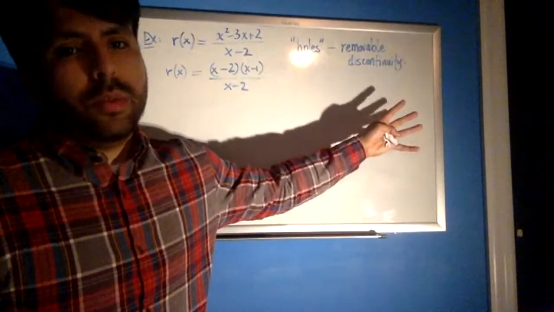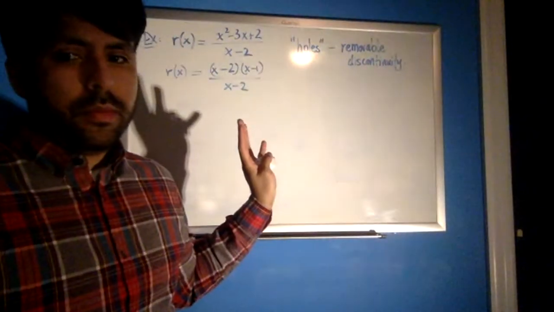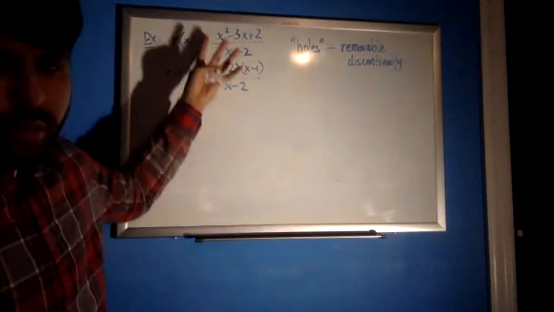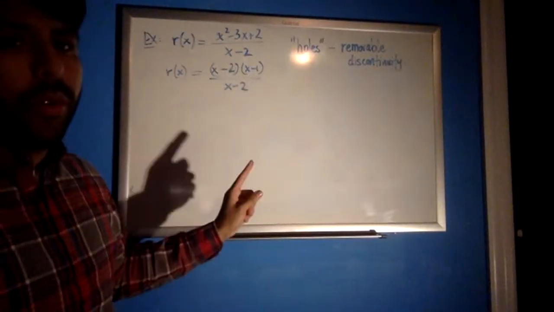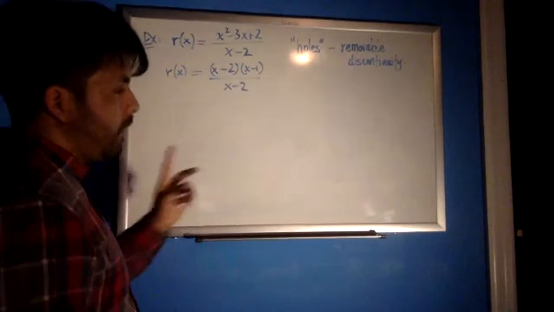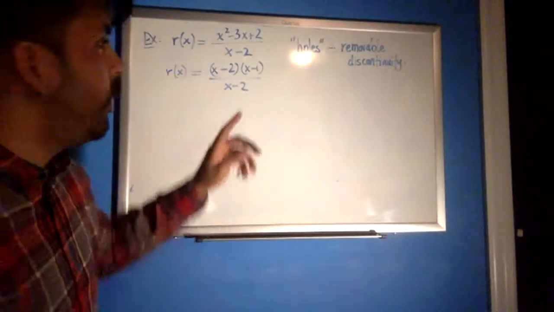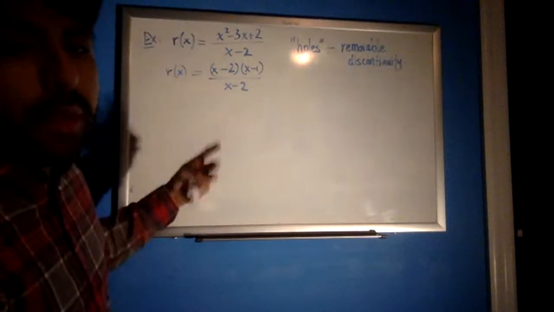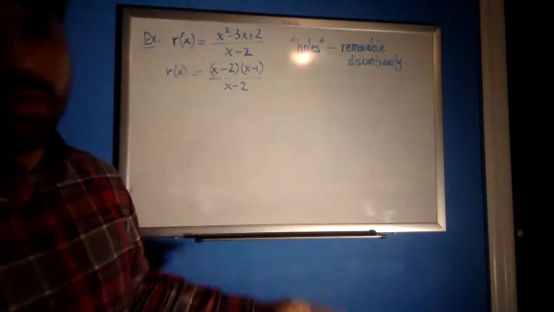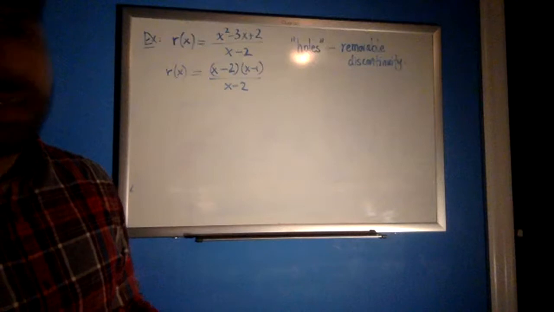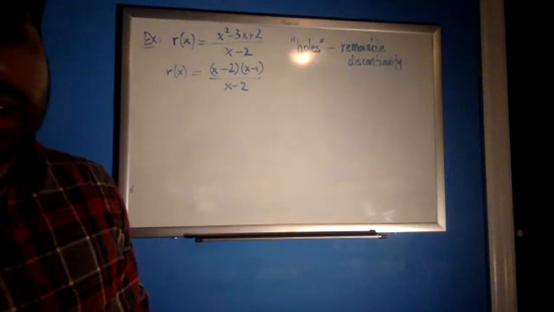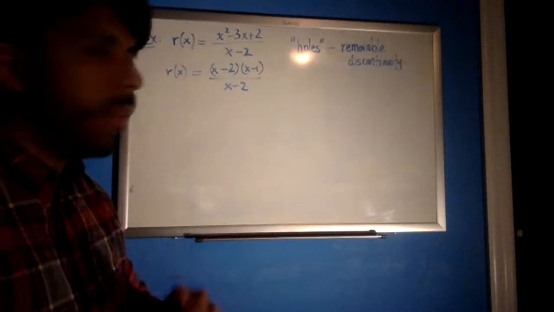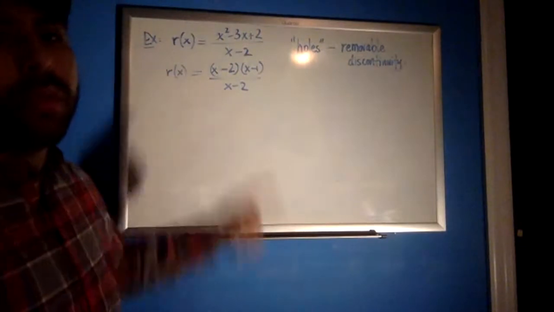Removable discontinuities are holes. We have an example of a function that has a hole, and it has a hole at a very particular point. So if you study this, you factor this out, and you would be tempted to cancel the x minus 2's because that's what you normally would do, right? However, you have to be a little more careful as to when you're able to do so.